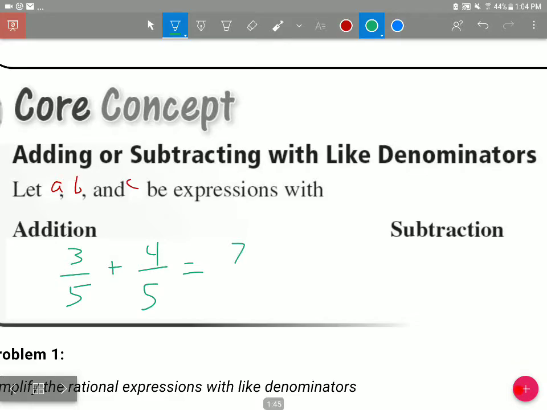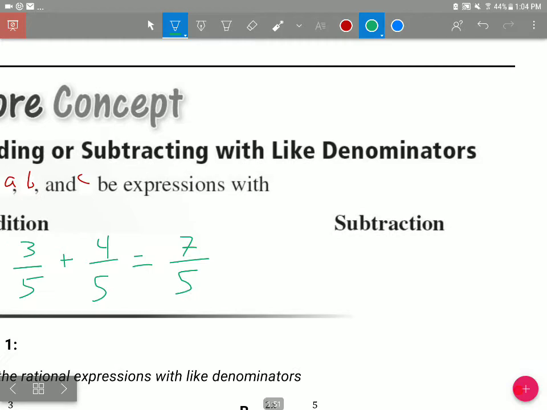Thank you very much. You added the top. Did you do anything to the bottom? No. The subtraction's the same way. If I have 4/5 minus 3/5, what do you have? 1/5. We left the denominator alone because the denominator is just saying what type of thing we are counting.